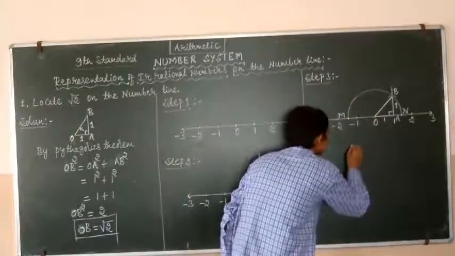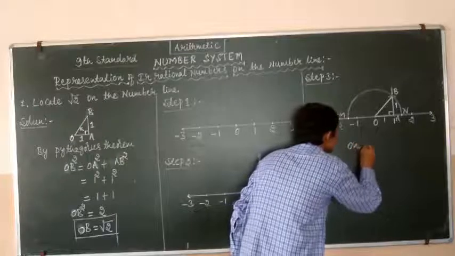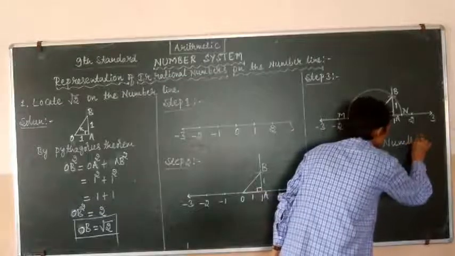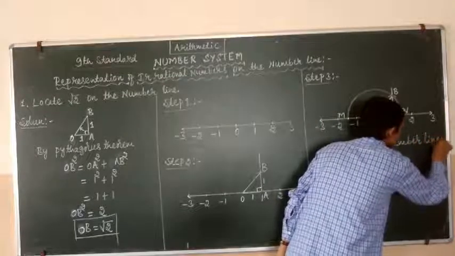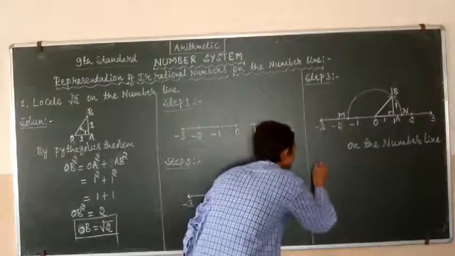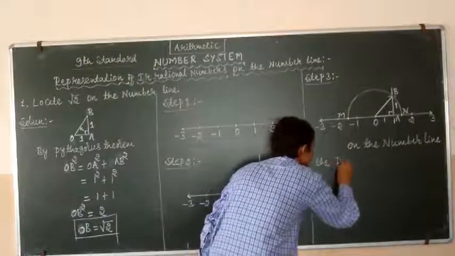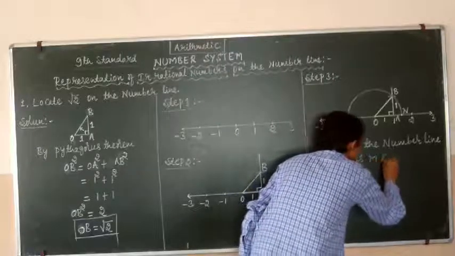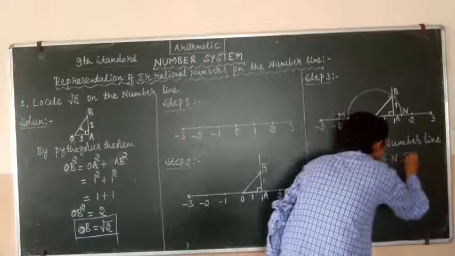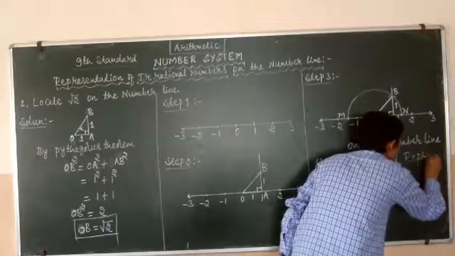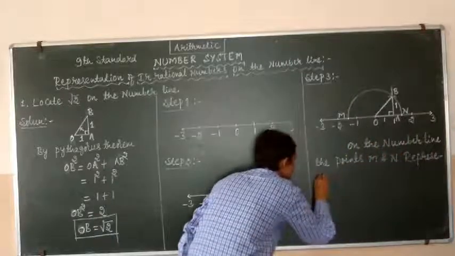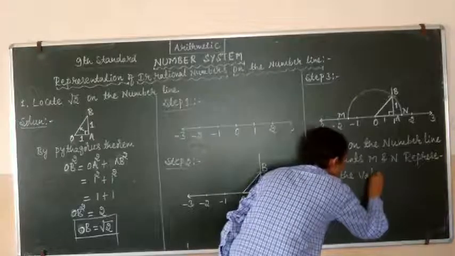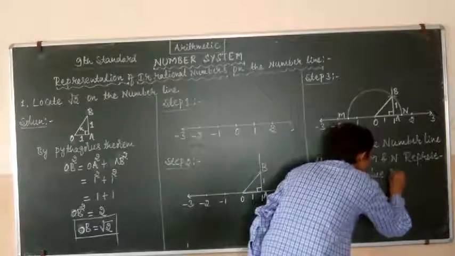Therefore, we can conclude that on the number line, the points M and N represent the value of root 2.